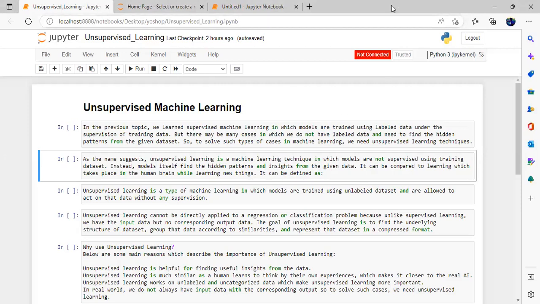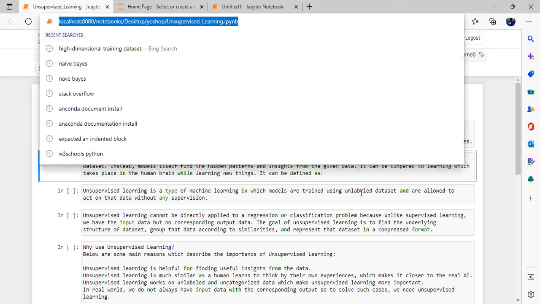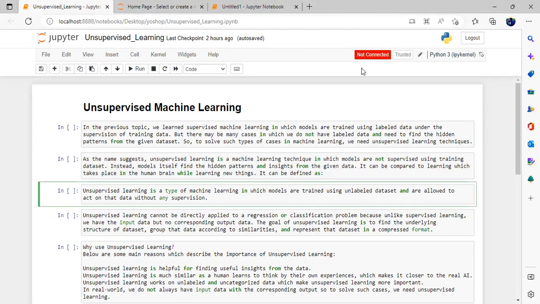It can be compared to the learning that takes place in the human brain while learning new things. This is the definition of unsupervised learning. Unsupervised learning is a type of machine learning in which models are trained using unlabeled data.